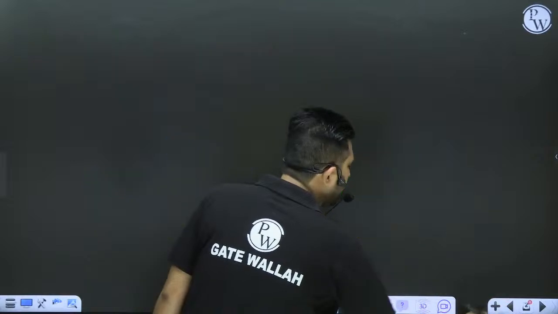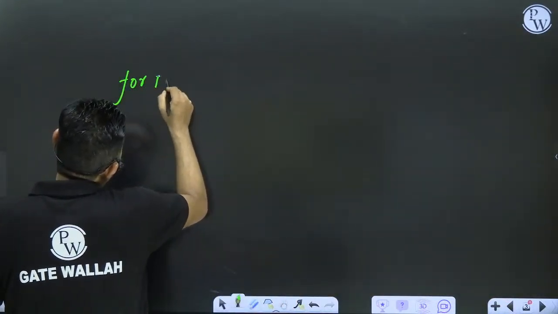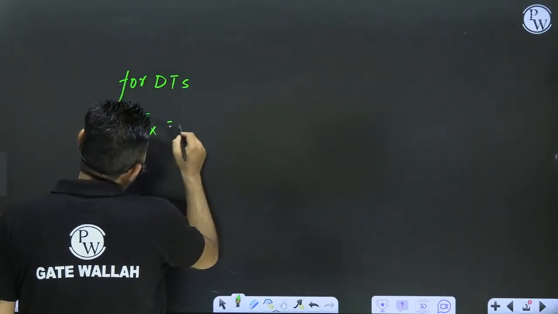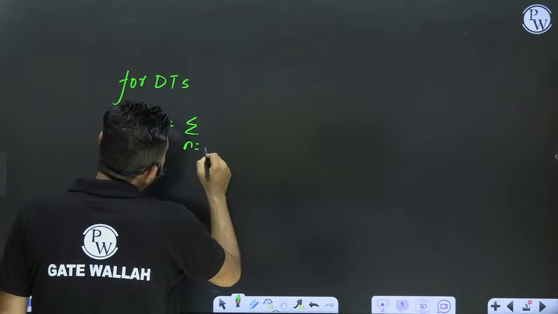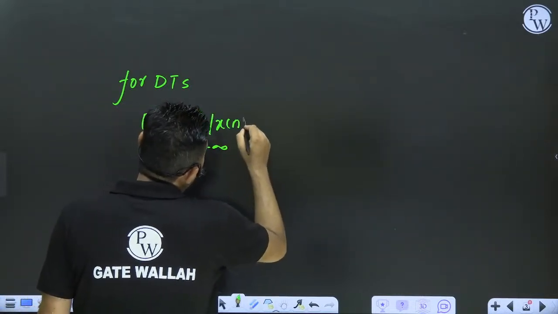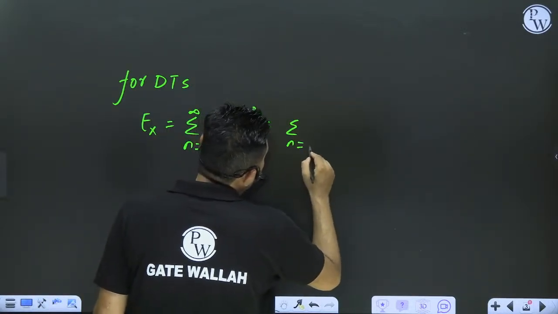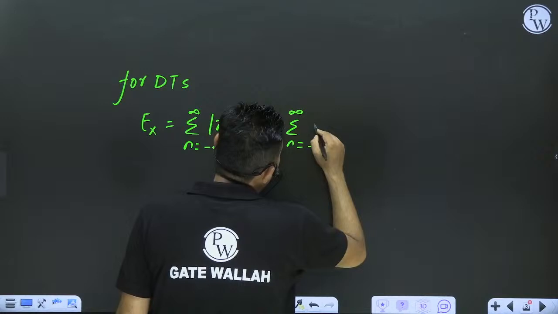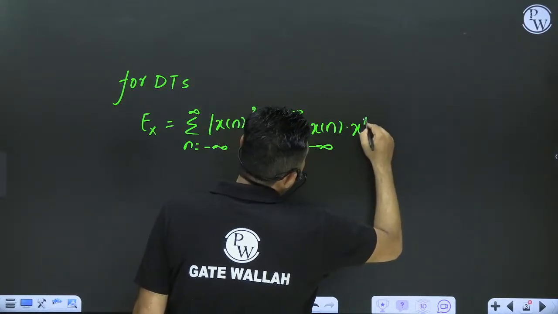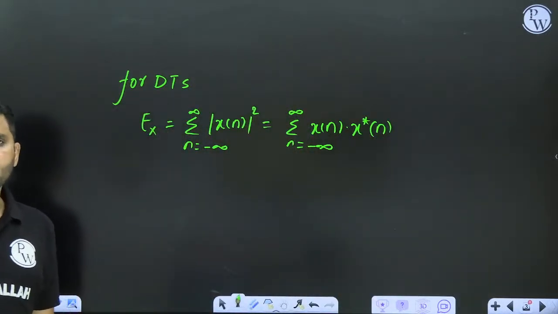Now the same thing for discrete time. For DTS, energy Ex is given by summation n equal to minus infinity to infinity of mod x(n) whole square, which can also be written as summation of x(n) into x conjugate of n.